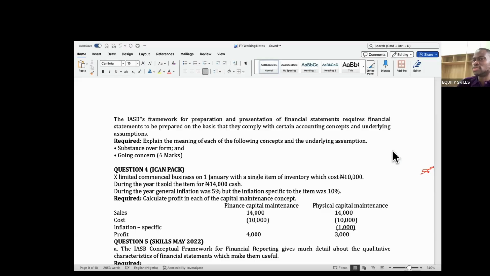Yes, legally it's not your own, but based on economic reality, when you look at the definition of an asset, you control these assets, you are using them. The financial reality is that this asset is making money for you, it is your economic resource. So you recognize that asset in your books because that's the substance, that's the reality. You are the one making money from these assets.